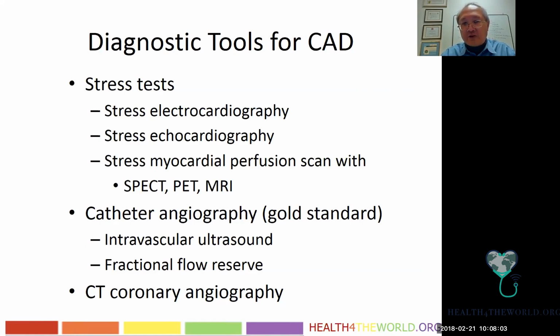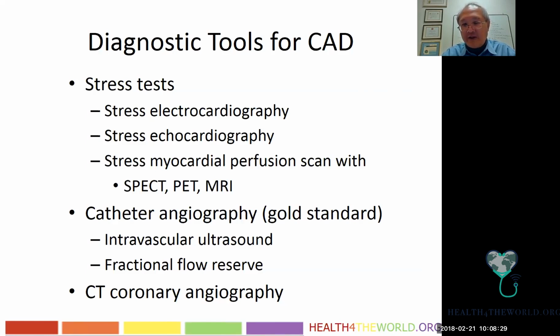The two most important varieties of stress study that we do today are echocardiogram, usually with stress of dobutamine, or myocardial perfusion scan, in this case with single photon emission computed tomography, or positron emission tomography, PET, or even with MRI.